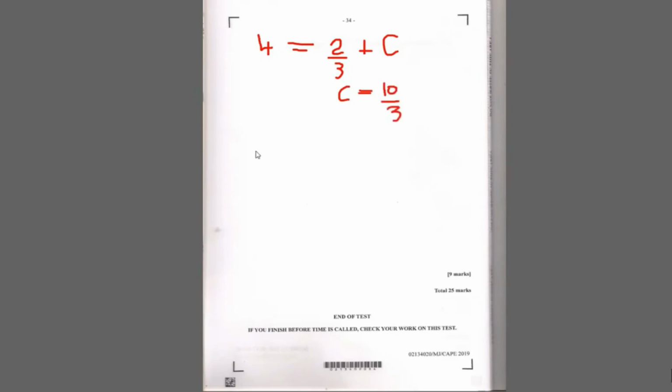And so what we finally get then is y squared is equal to 2 over 3 times x squared plus 1, all of this cubed, and then all of that square rooted, plus 10 over 3.